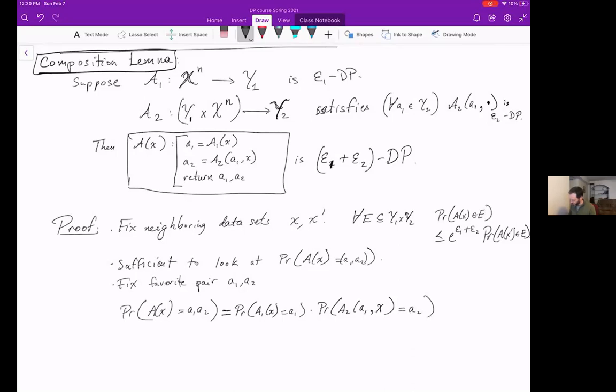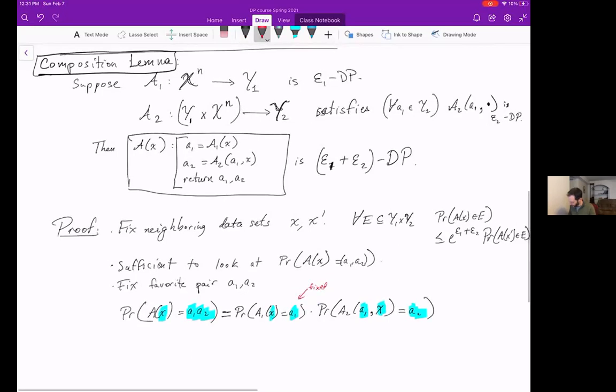Okay. And I just want to point out that in this expression, because we're looking at the probability of a particular pair a1 and a2 on a particular data set, none of these things are random. The only randomness that's left, these things in blue, they're all fixed here, the only randomness is over the random coins of the random choices made by A1 and A2.